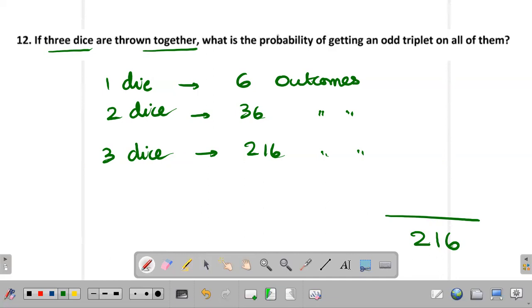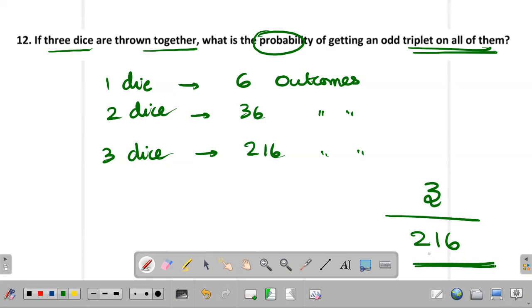In that, they are asking you, what is the probability of getting an odd triplet? What is this odd triplet? 111, 333, 555. So the total number of favorable outcomes is 3, divided by total number of outcomes, that is 216.